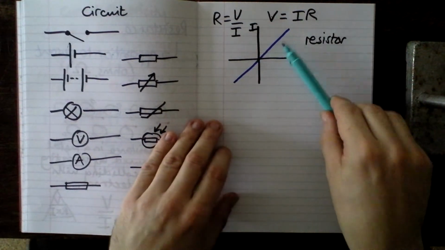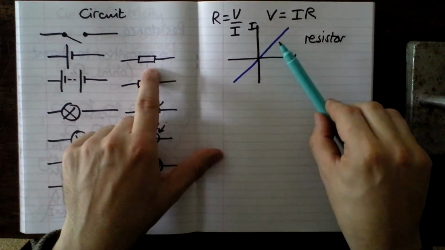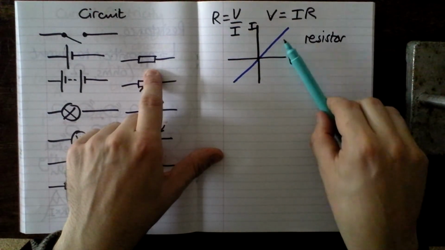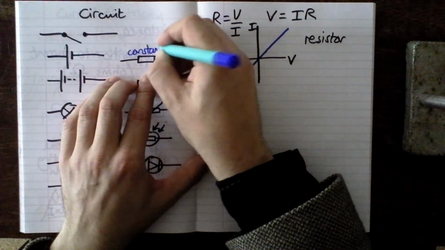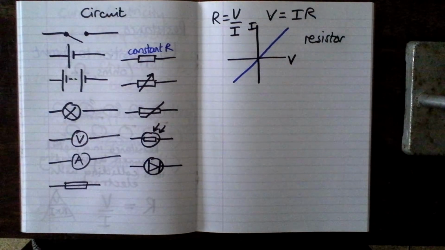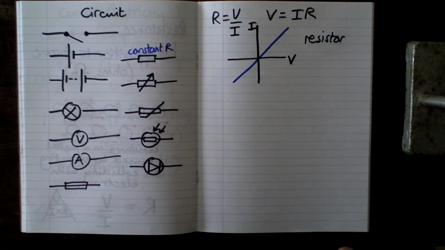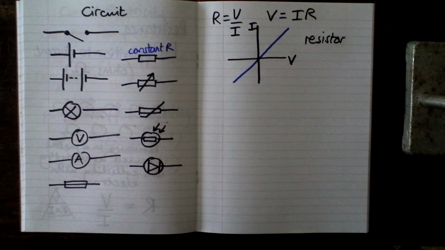This tells me that a resistor always has constant resistance. It never changes. And that's really useful to us in some situations, that we can judge exactly how much current will flow through because we know that we've got a constant resistance.